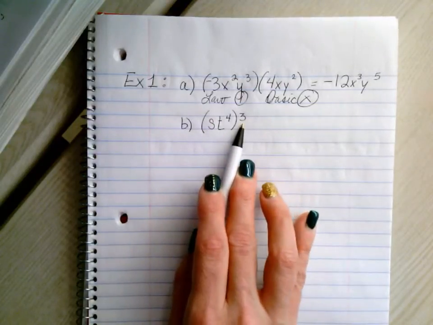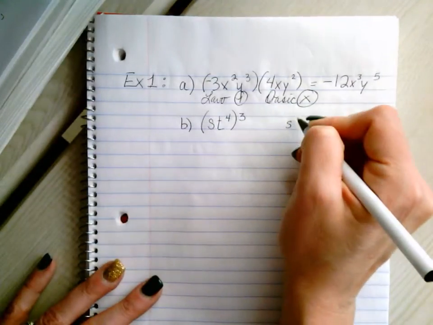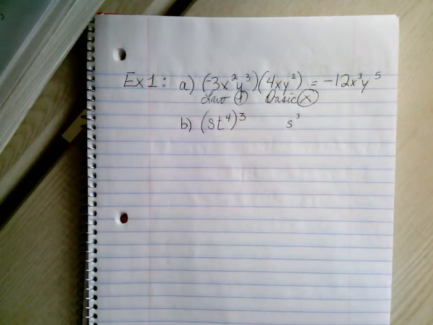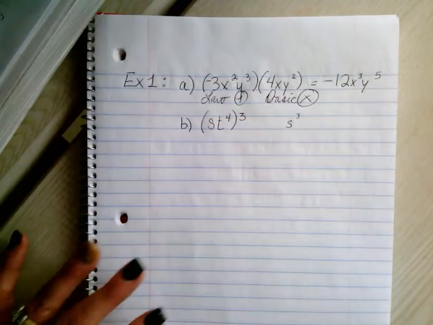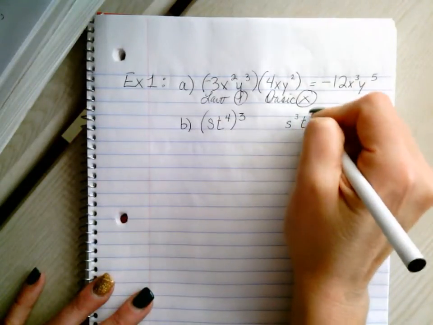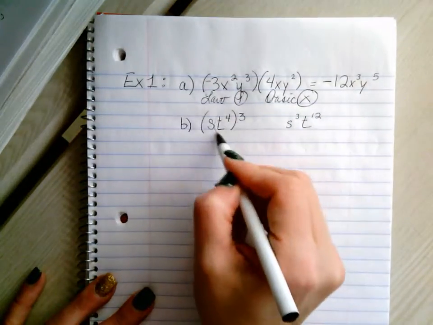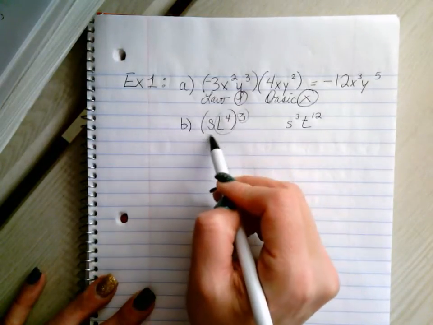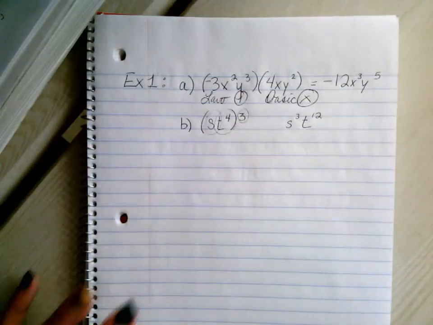S to the 3rd power is s cubed. T to the 4th to the 3rd power is the same thing as going t to the 4th three times, which is t to the 12th. Okay? This item is being done 3 times, just like this item was done 3 times.